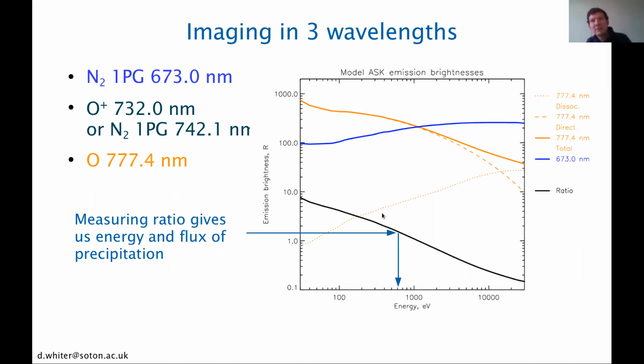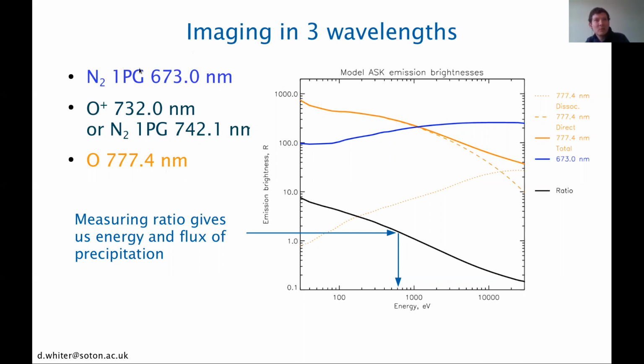So there are two different contributions to this emission, which are sensitive to different energies. If you add them up, you get this orange line showing emission brightness as a function of energy. You see these two emissions are sensitive to energies in different ways. If we take the ratio, this black line is the ratio of the orange over the blue, so the oxygen emission over the nitrogen emission.